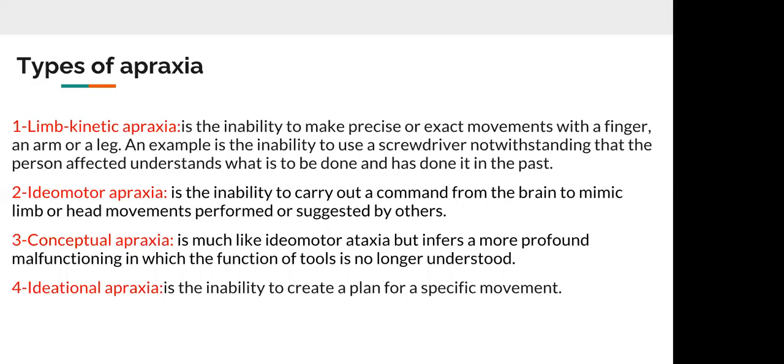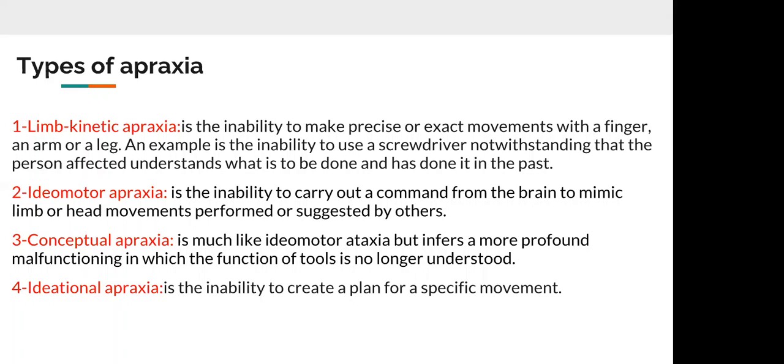Types of apraxia. There are 7 types of apraxia: limb kinetic apraxia, ideomotor apraxia, conceptual apraxia, ideational apraxia. Limb kinetic apraxia is the inability to make precise movements with a finger, arm or leg.